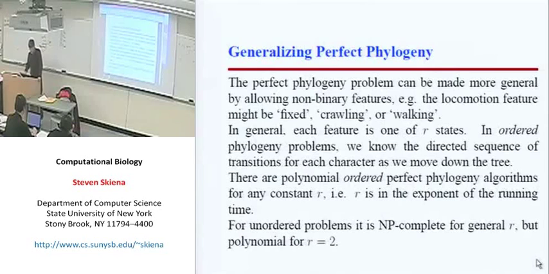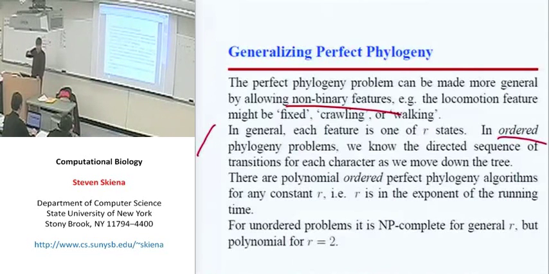So if we generalize it, again, there is a lot of work that goes into algorithms on these things. There are generalizations. You can generalize it to non-binary characters, as you were concerned with. There's a distinction in complexity between ordered worlds. Let's say there's a sequence where the initial state did not have this property, and it evolved the first trait.